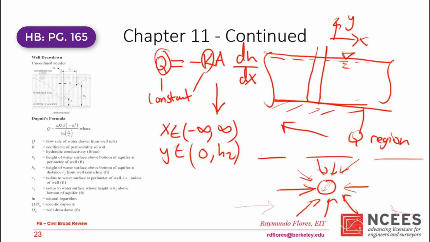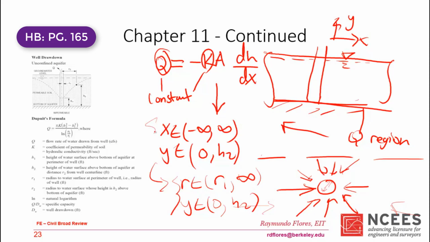So that's what our Q region is. You can transform this into R being from R1 to infinity, and for Y it's from 0 to H2 still. These things are equivalent, though in some rough way, because I forgot to change this. But that's what it would be.